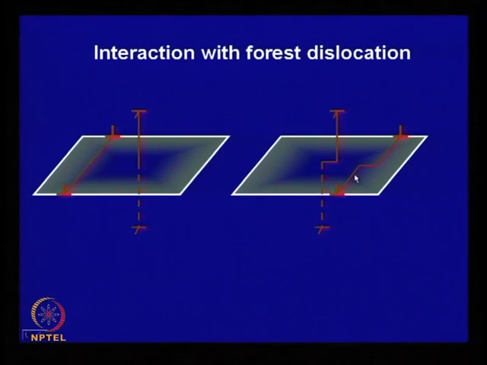Now, look at what is the Burgers vector. In this particular case, the Burgers vector is pointing along this direction, and what is the dislocation direction? The dislocation direction is like this in this part.